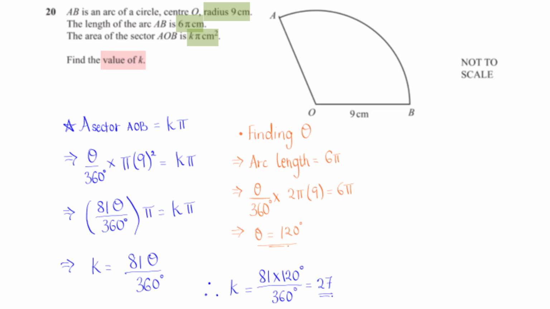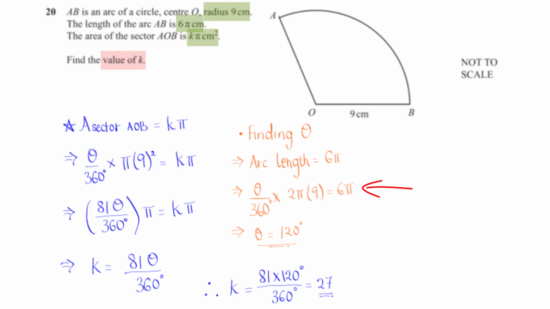We've not been directly given the value of theta in our question, so we need to find a way to get the value of theta. Another piece of information we've been given is that the length of the arc AB is 6 pi centimeters, and we know that the arc length is theta over 360 degrees times 2 pi r, where r is 9.